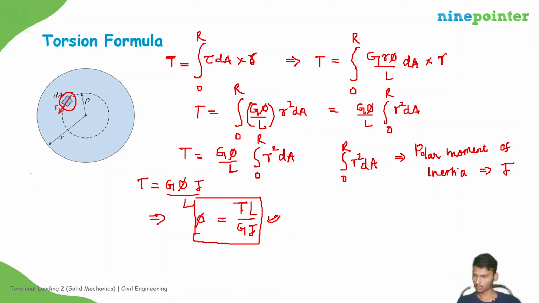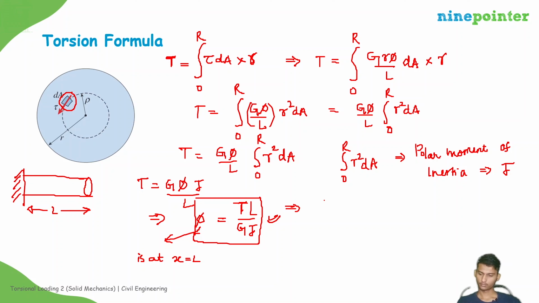See, if you see over here, if it is fixed at one end and the circular member is of length L, then this angle of twist is at x is equal to L. So for random x, then phi should be equal to Tx divided by G Jx, right?